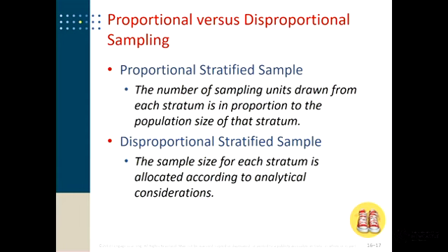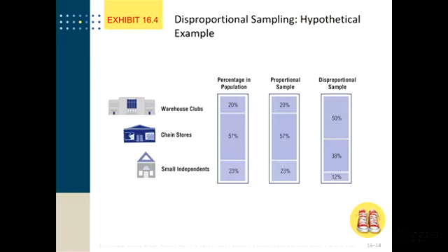Okay, let me show you an example. Probably you will be able to answer my question. Look, in this case, we are surveying some businesses, some stores. We have three types of stores.